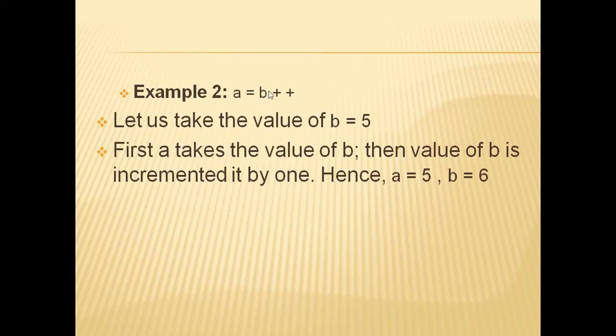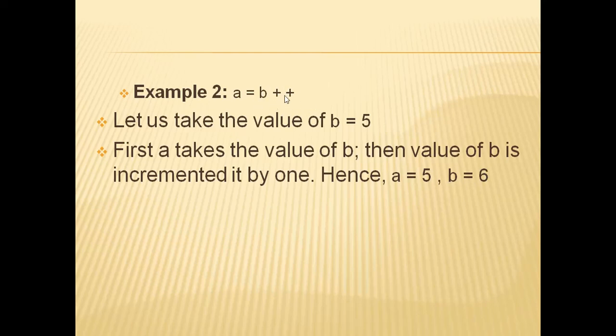See here, a is equal to b plus plus means first it assigns the b value to a. Now the b value is 5, so it is assigned to a. After that, b is incremented by 1. b plus plus means we are increasing the b value by 1. Now b becomes 6. So this is called postfix increment.